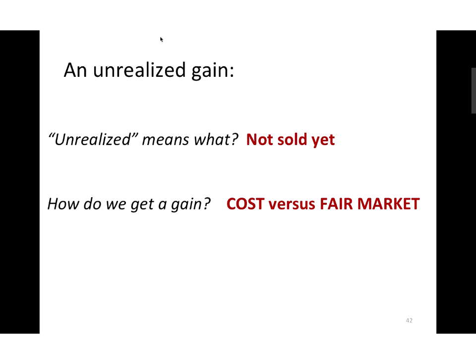So going back to our answers, this question is great because there's only two real words in it, unrealized and gain. So the first thing we say is unrealized means it's not sold yet. And then we know that the fair market or fair value has to be more than the cost.